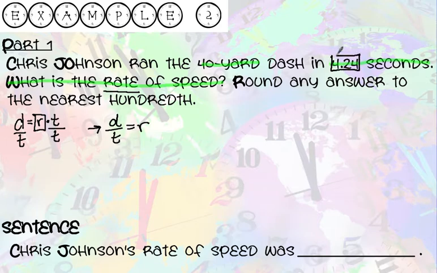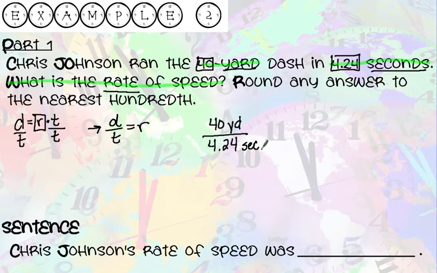Alright, so I know that 4 24/100 seconds is going to be important, and that 40 yards is going to be important. Since it's 40 yards, that's going to be our distance. So we're going to take our distance of 40 yards and divide it by our time of 4 24/100 seconds.